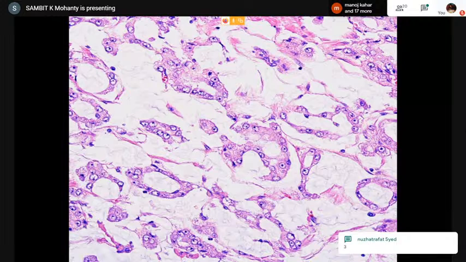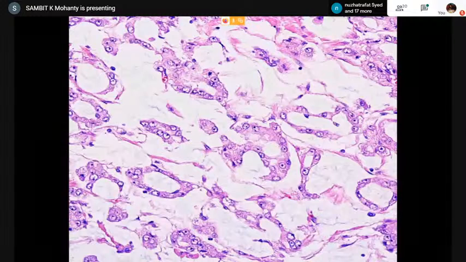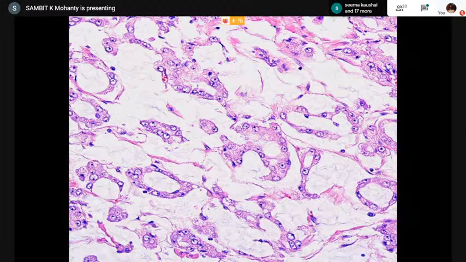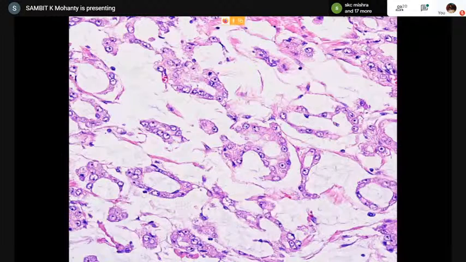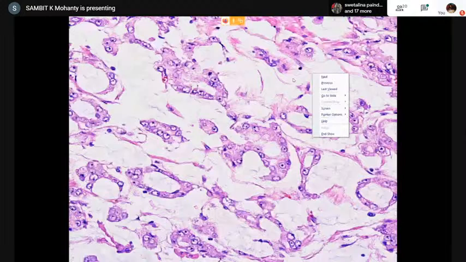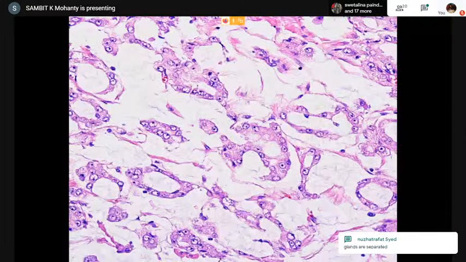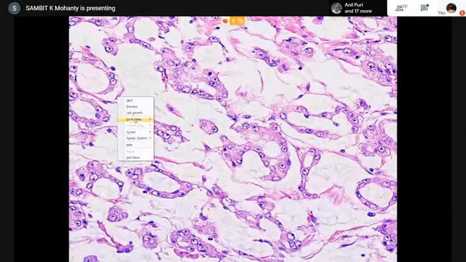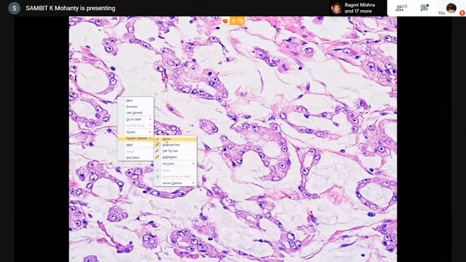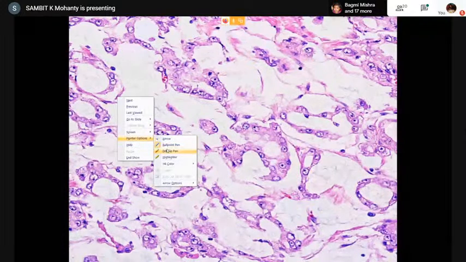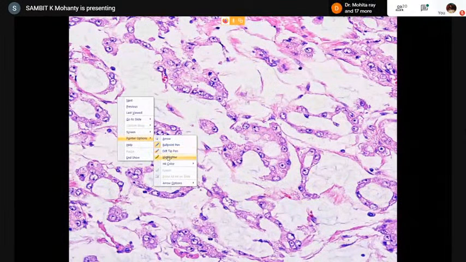Do you see good lumen in every gland, or are you imagining a lumen? No. The lumen is not clear in all the glands, sir. And it seems like the glands are floating in mucin, sir. Yeah, exactly. The glands are floating in mucin. One second. Let me just change my pointer option. Better. Not this highlighter.